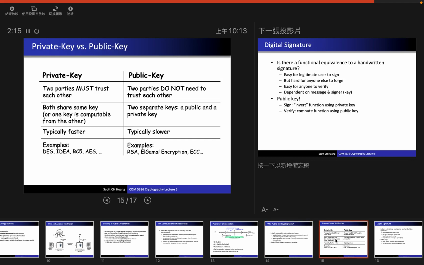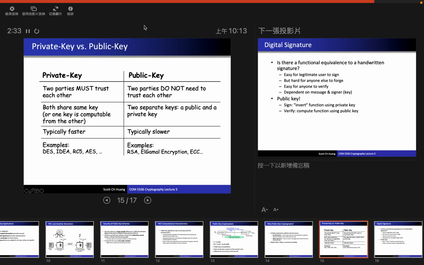Let's take a look at some key differences between public key and private key cryptographies. In private key cryptography, two parties must trust each other. In public key cryptography, the two parties do not need to trust each other.